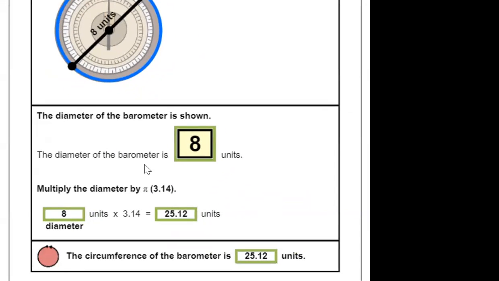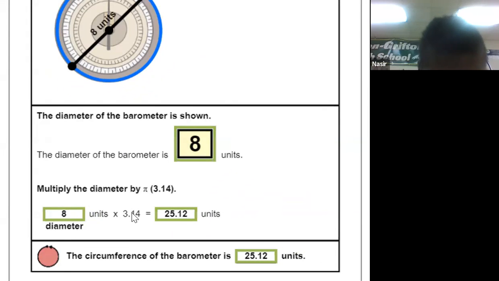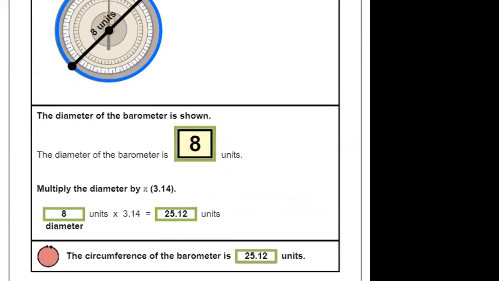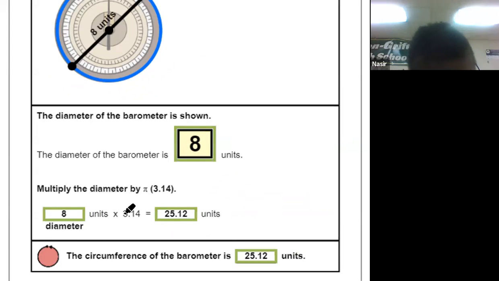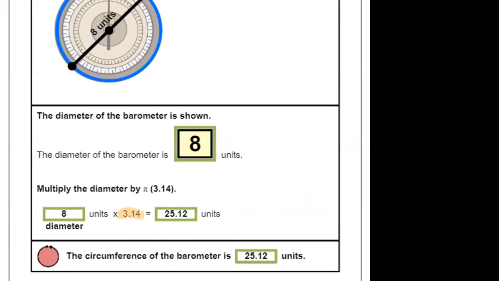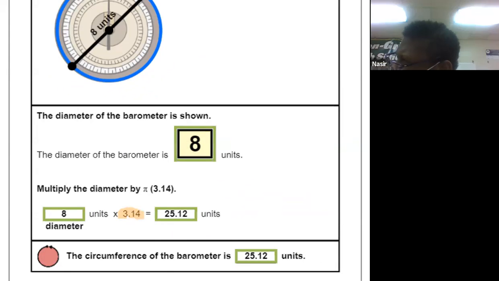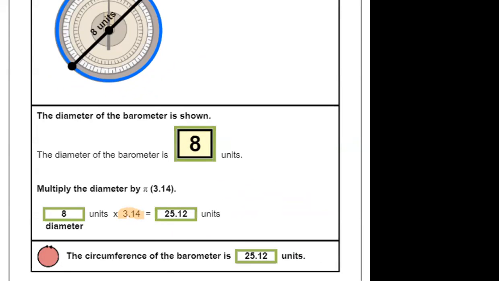Is it always 3.14? Yes, this number never changes. The number that's going to change is what your diameter is. So this number can change, but this number never changes.